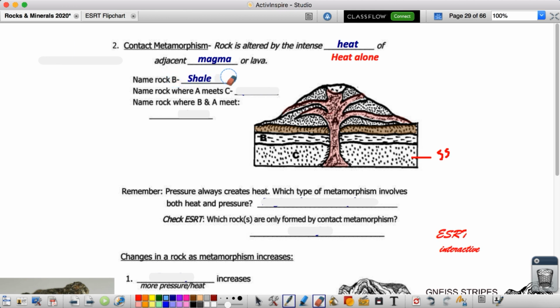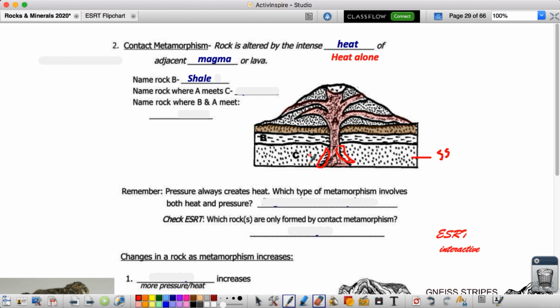Now, where A meets C, this zone right here, and on this side as well, that's where the heat of this magma is altering the sandstone. So the heat of the magma is altering the sandstone.